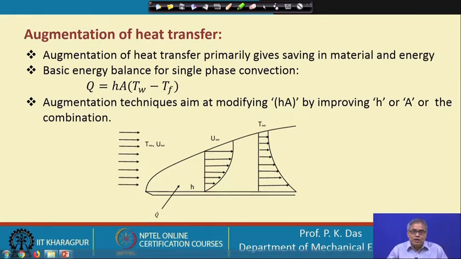So, when we are going for augmentation of heat transfer, particularly when we have a single phase fluid and the mode of heat transfer is convection between the wall and the fluid stream, then we have to concentrate on h A, either separately or as a combination. So, augmentation techniques aim at modifying h A by improving h or A.